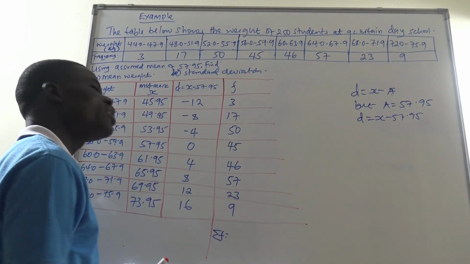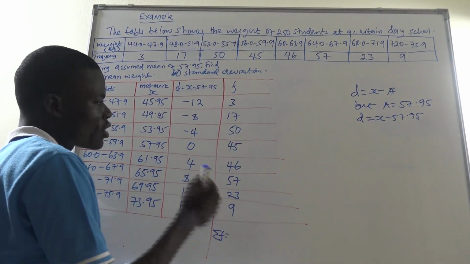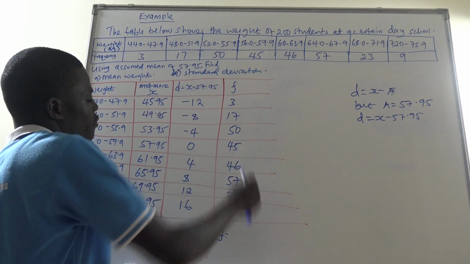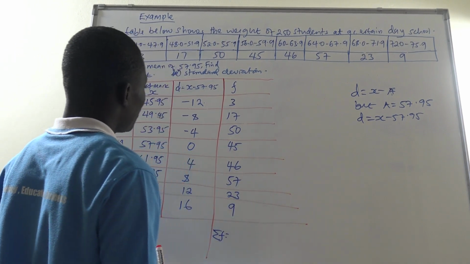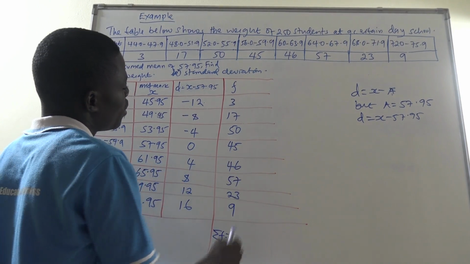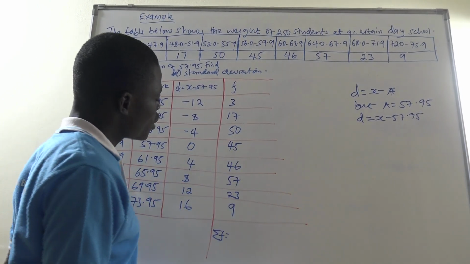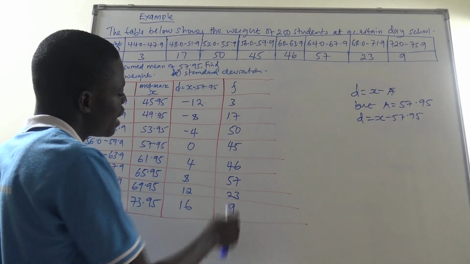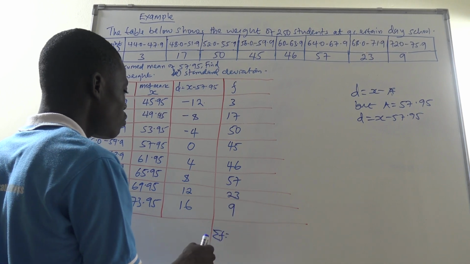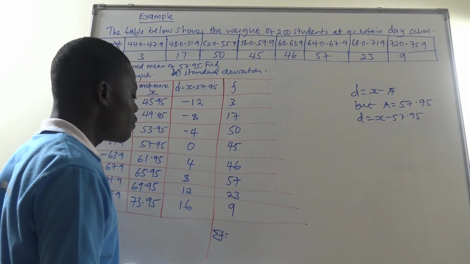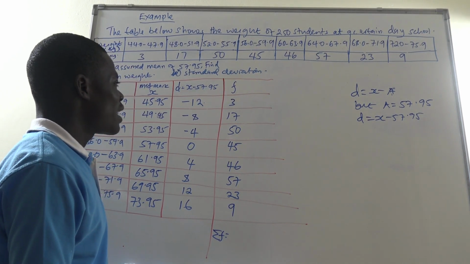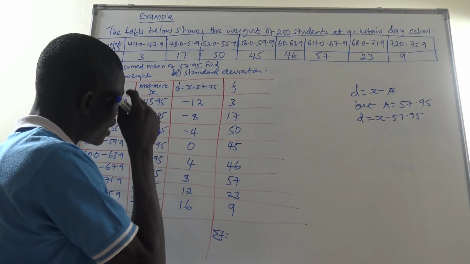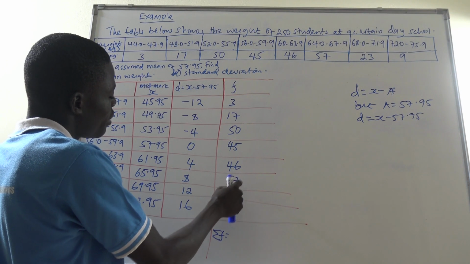We have 3 plus 17, that is 20, plus 50, we get 70, plus 45, we get 115. 115 plus 46, which I get 161, plus 57, which I get 228.